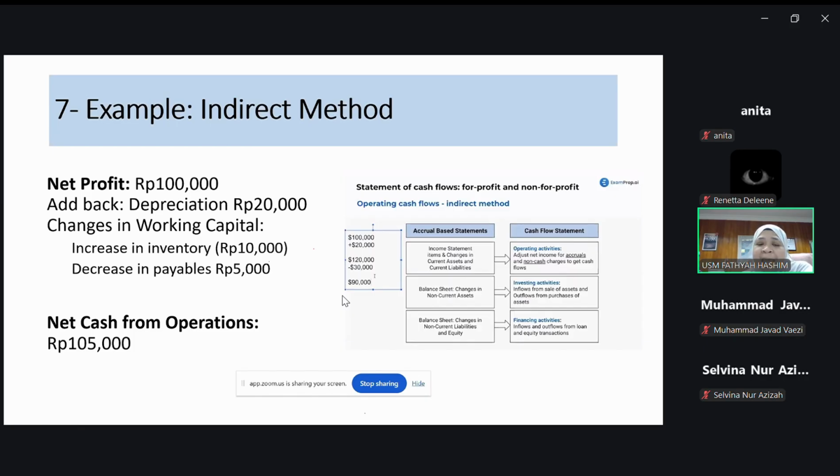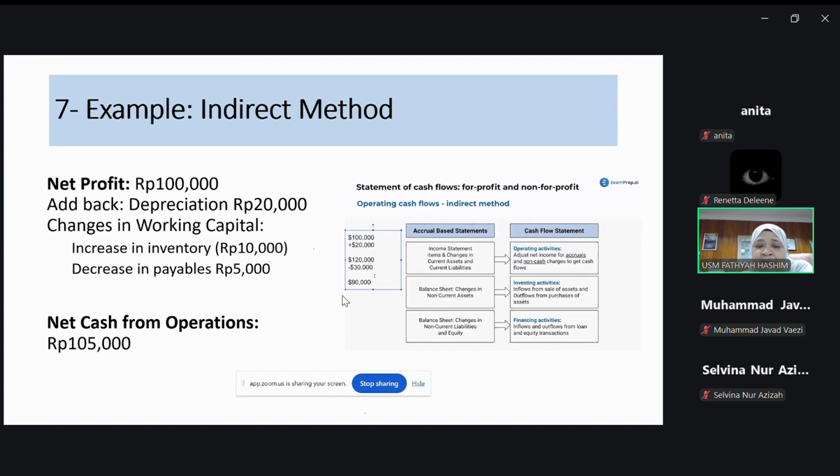And then what else you need to adjust is on the balance sheet. You look at the changes in current assets in the balance sheet, and also changes in current liabilities.